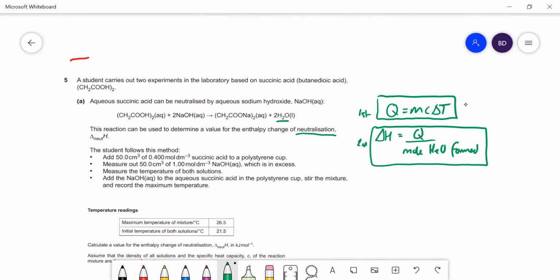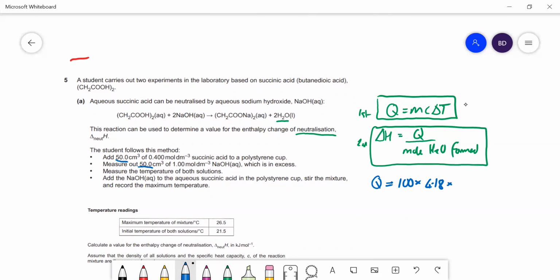So let's do that, shall we? Okay, so Q is equal to the mass of the solution. So we've got 50 and 50, so that's a total of 100. And the specific heat capacity of water, C, is 4.18 joules per gram per Kelvin.